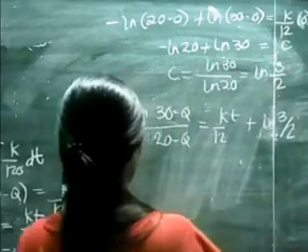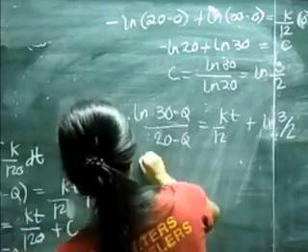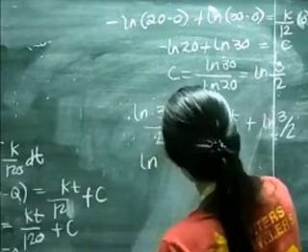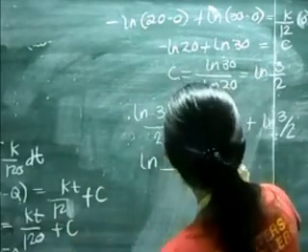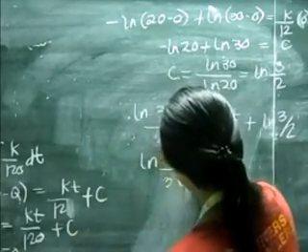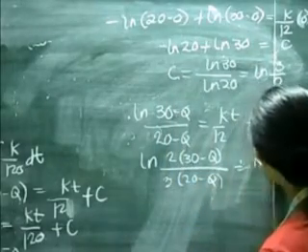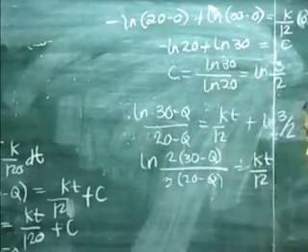Therefore, we have ln of 2 times 30 minus Q over 3 times 20 minus Q is equal to kt over 120.